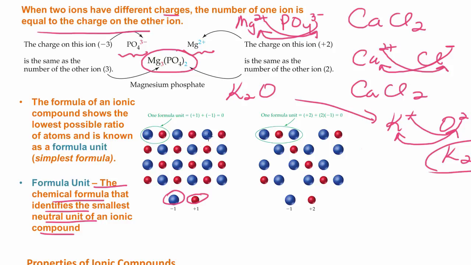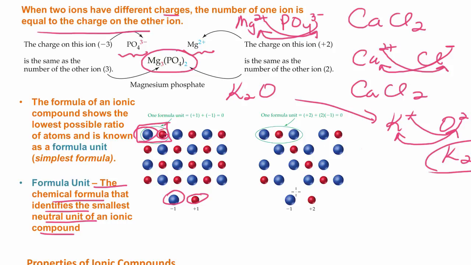Think of this as being a crystal with a lot of ions, but the smallest unit that would still have 0 net charge would be a -1 and a +1. So this here would be 1 formula unit.